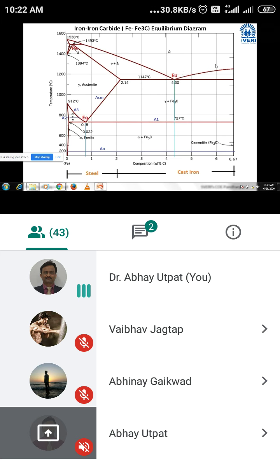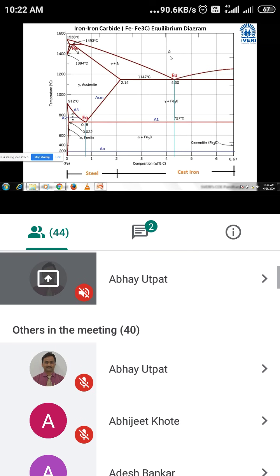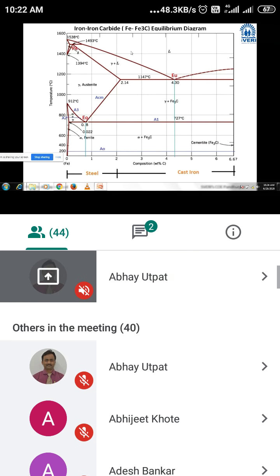What is the name of this line? Vaibhav Jagtap, answer. What is the name of this line? Who will answer? Please tell me what is the name of this line. In earlier diagrams I told.